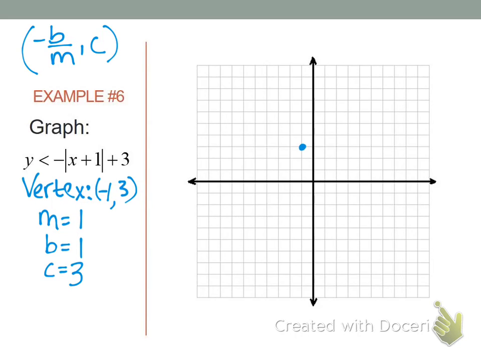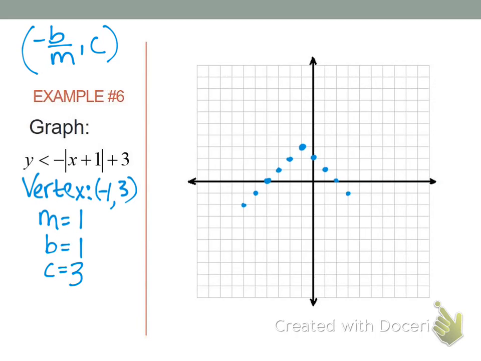The V is going to open down, and we are going to use our slope. What's our slope? 1. So we're going to go down 1, right 1, down 1, right 1, down 1, right 1. You can keep on going. But we have to keep it symmetric, so we're also going to go down 1, left 1, down 1, left 1, down 1, left 1. And of course you can keep on going.